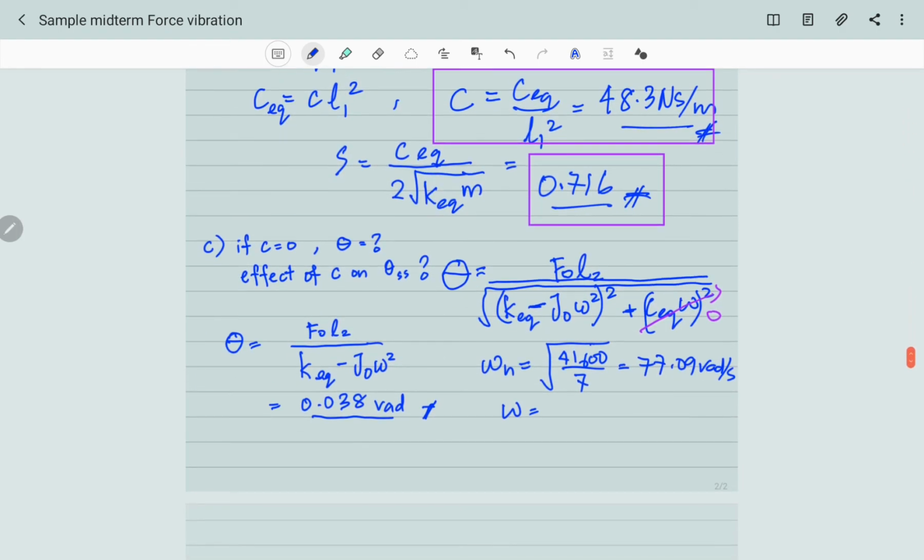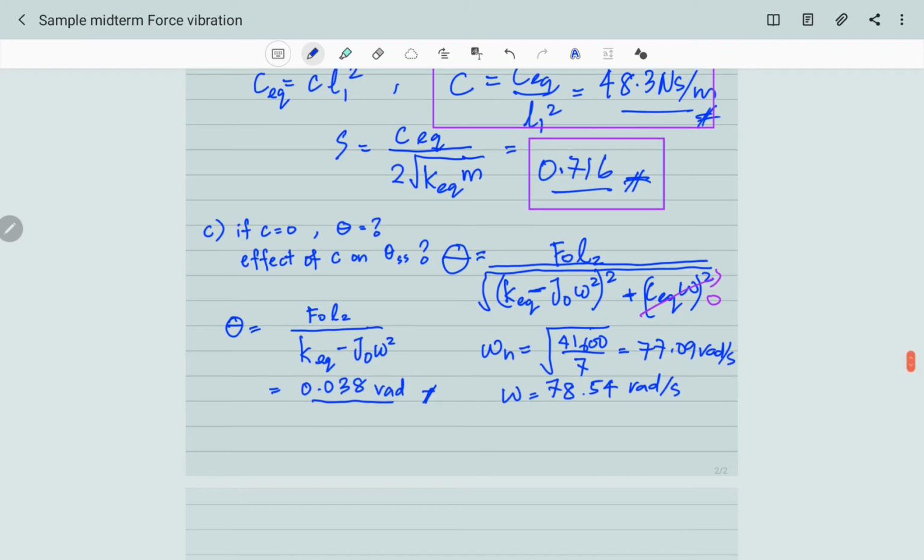Looking at the value 78.54, you can see that under this condition your omega and omega n are quite near. So you would expect that when you have damping, or maybe higher damping, it results in reducing your steady state response.